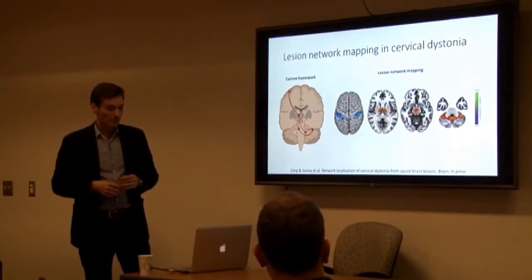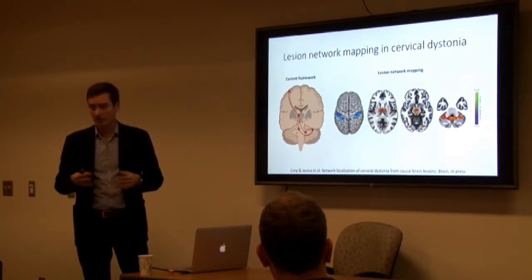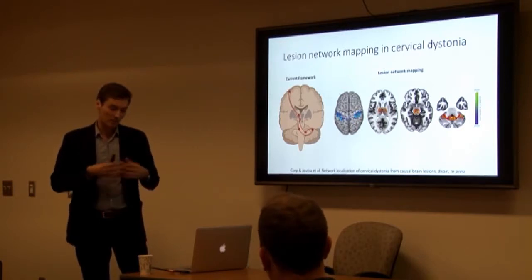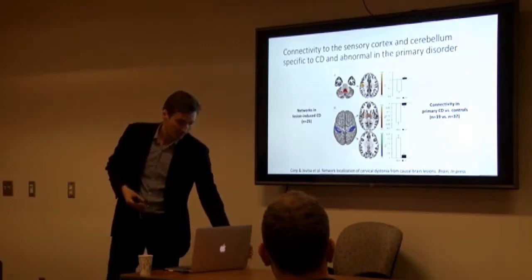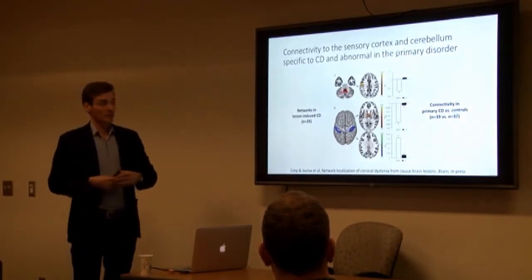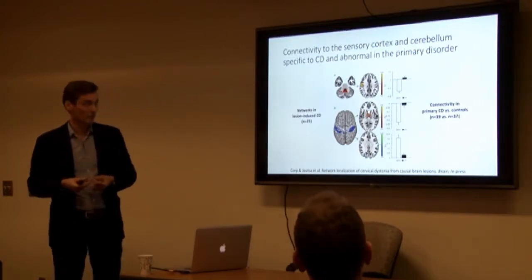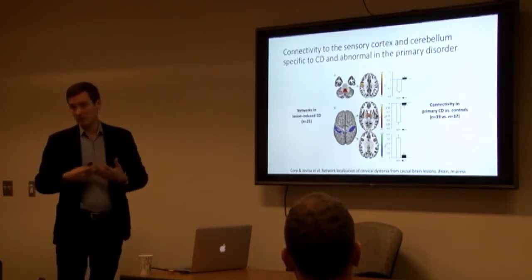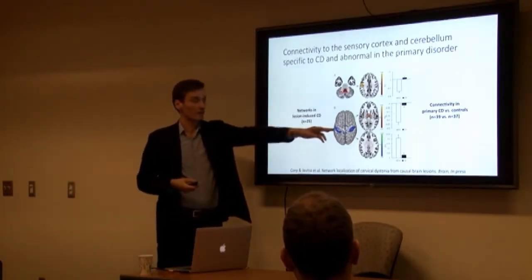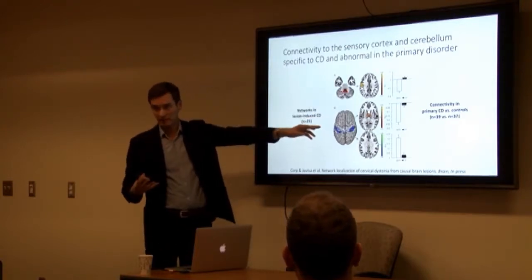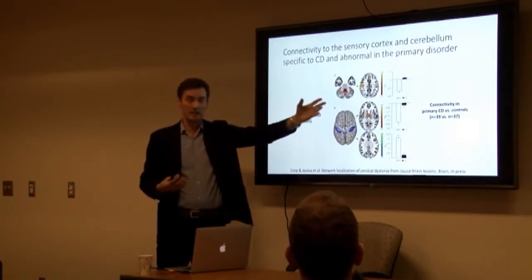Now to verify that this would truly be the origin of cervical dystonia independent of the etiology, so whether it's caused by brain lesions or idiopathic, we got access to a sample of cervical dystonia patients and controls. They have been scanned with resting state fMRI. So we used the regions that we identified to be specific for cervical dystonia lesions and analyzed their connectivity in this sample.